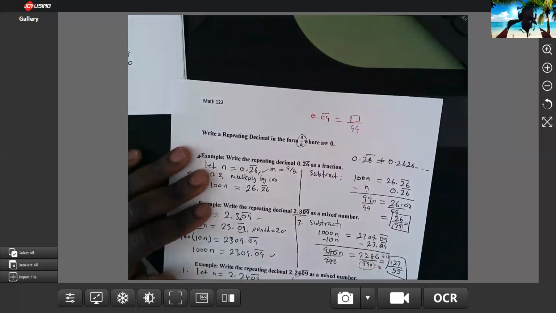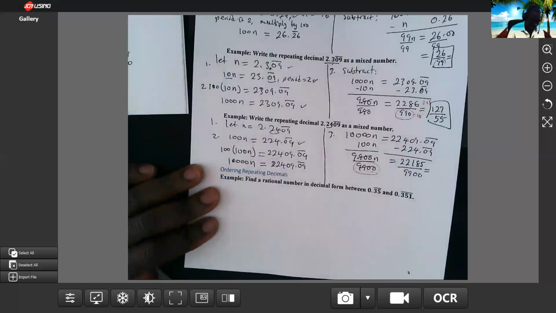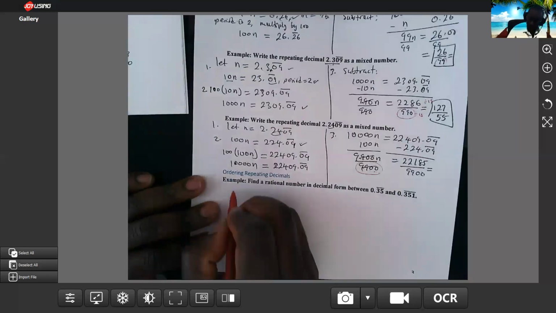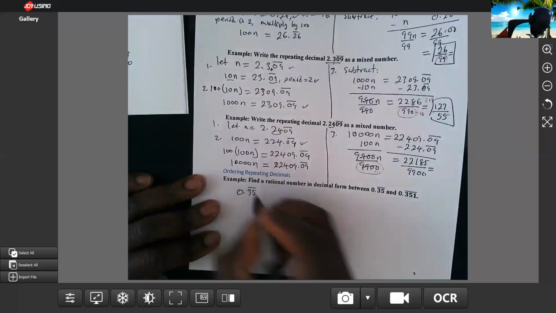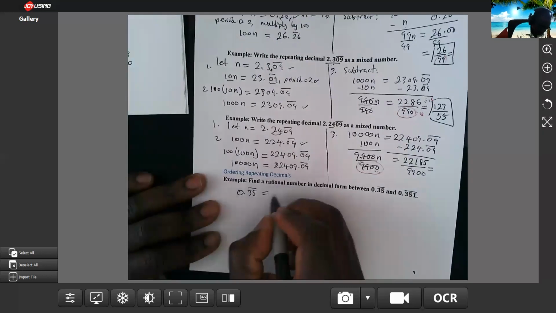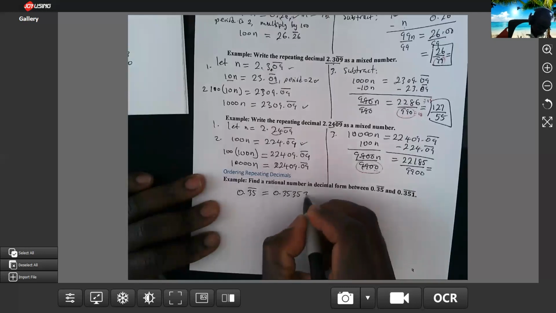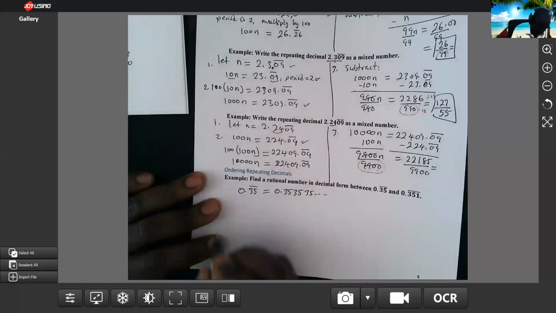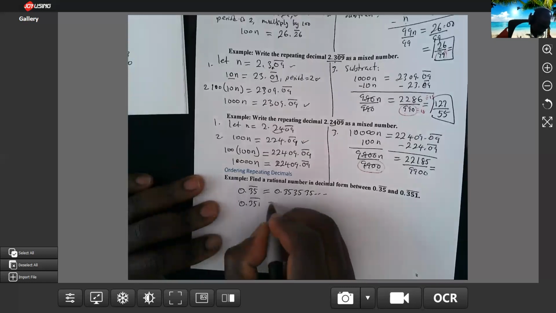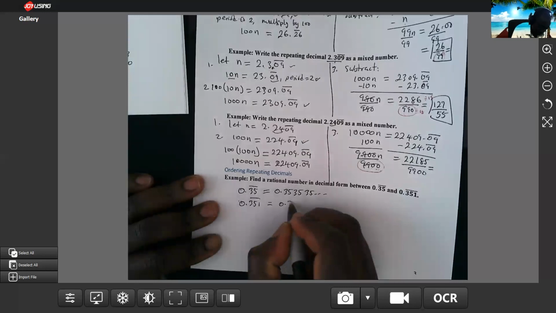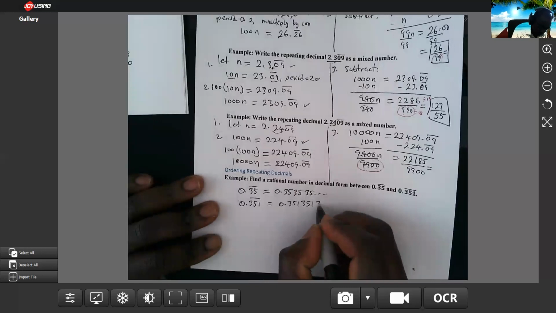Very good. Now, find a rational number ordering of repeating decimals that comes between these. So you have 0.35, which is 0.353535, and the other number is 0.351351351.